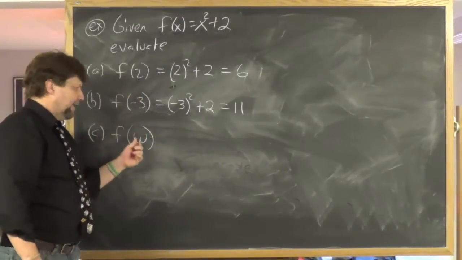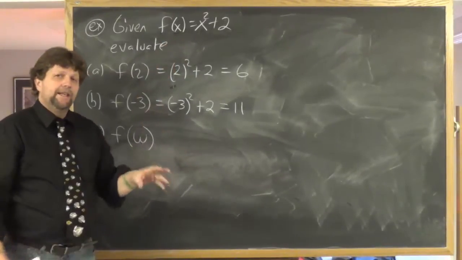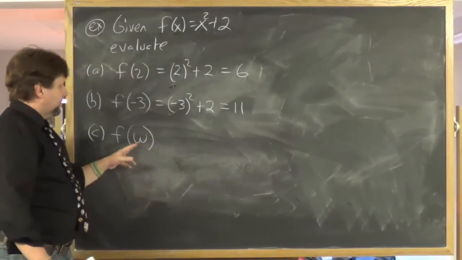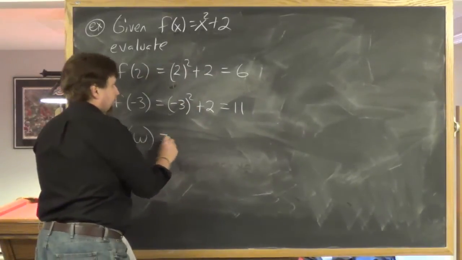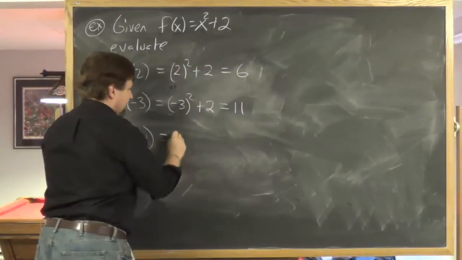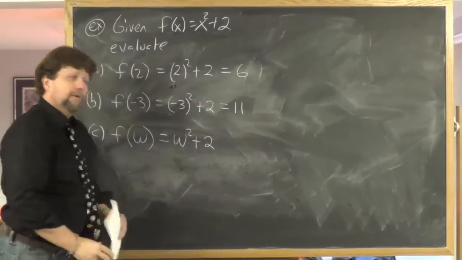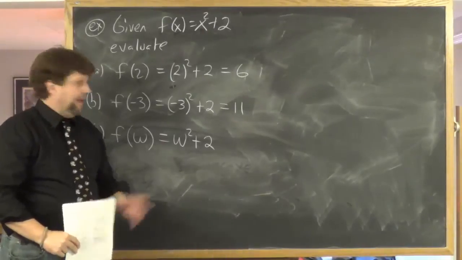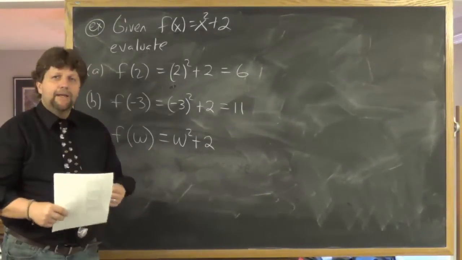We're going to take a w and we're going to toss it into the function wherever we see an x. So w comes in here for x and we get w squared plus 2. I can't go any further than that. It's all about the process.